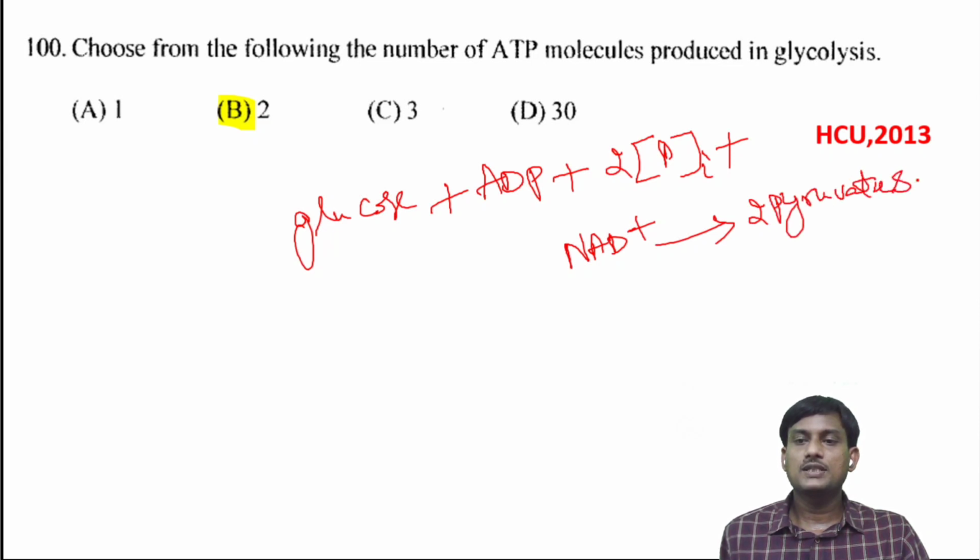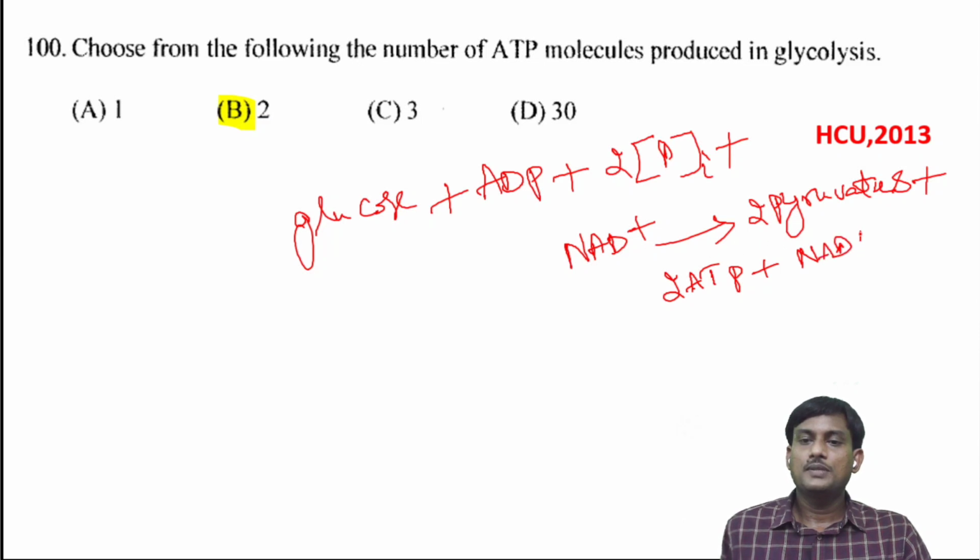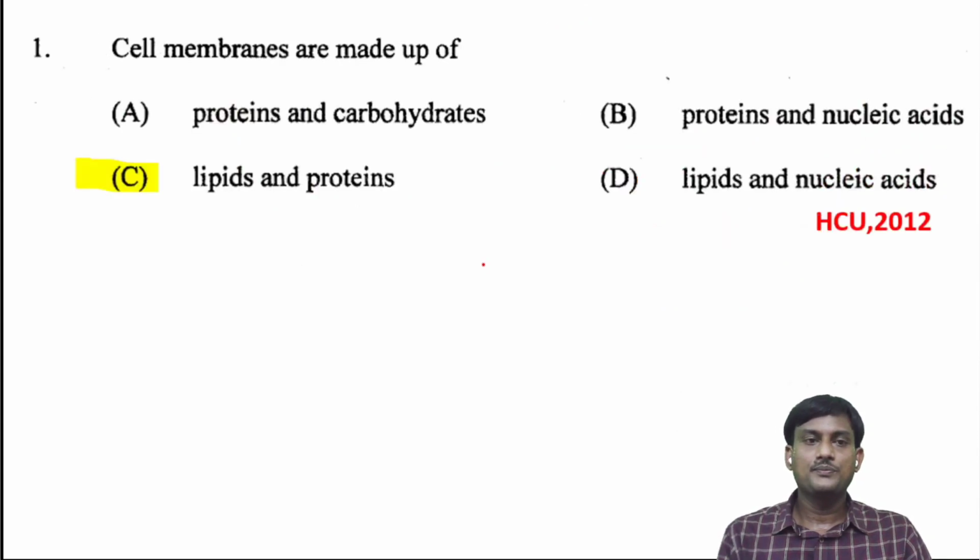In glycolysis, we get 2 pyruvates and 2 ATP and NADH. Okay, this is the equation for glycolysis. In glycolysis, there is a formation of 2 ATP molecules.